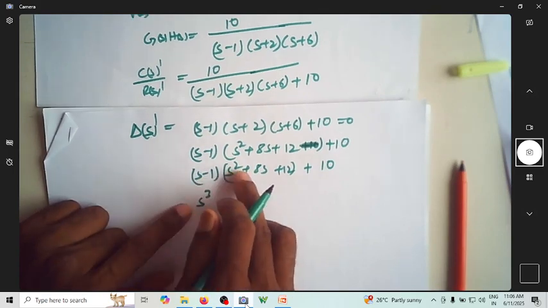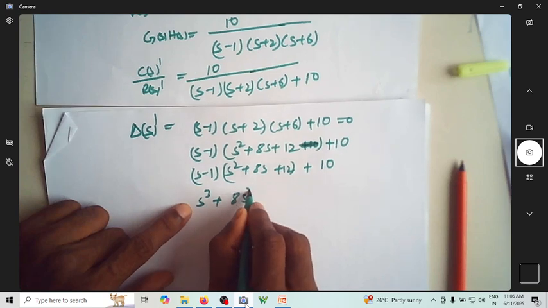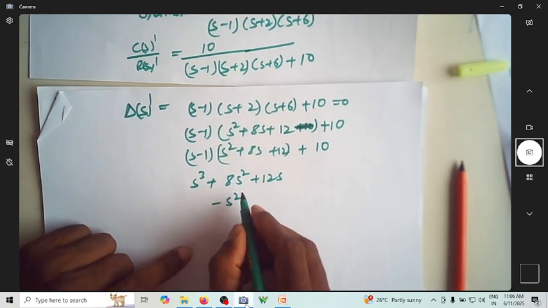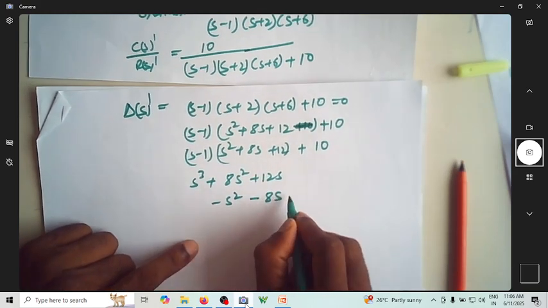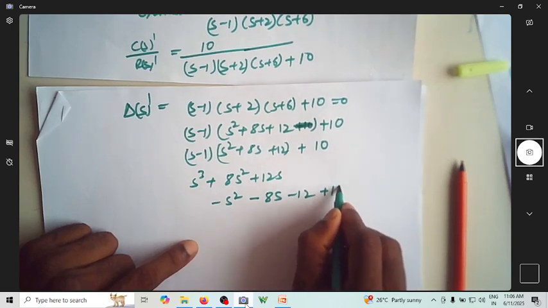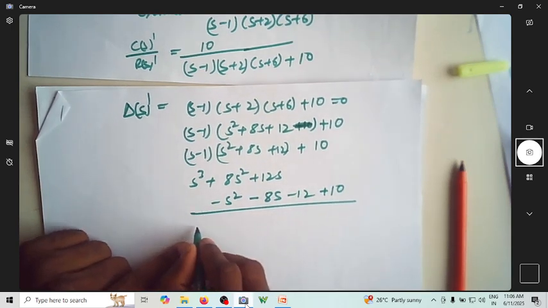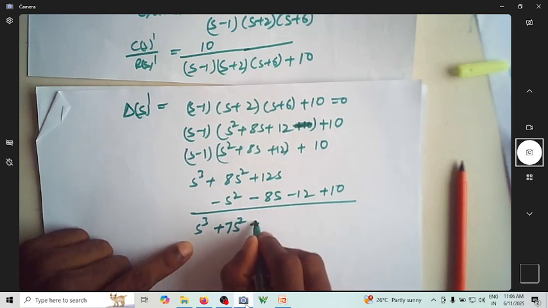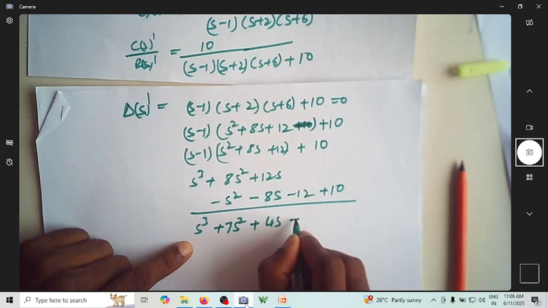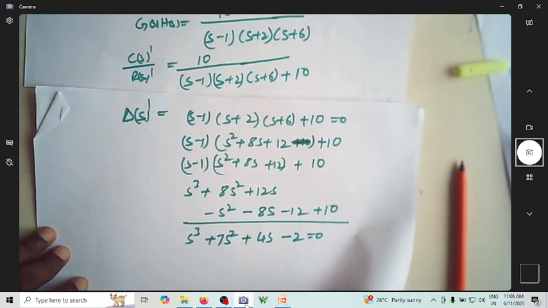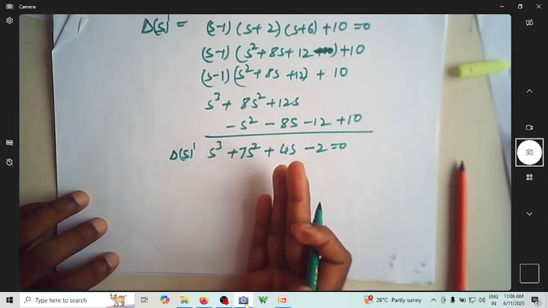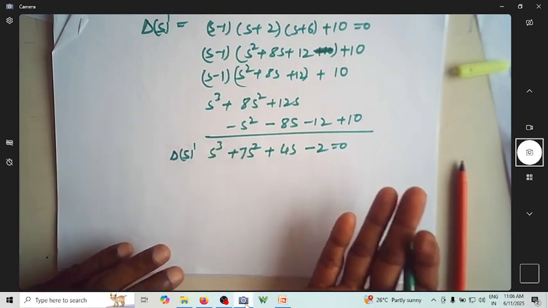It is s cube plus 8s square plus 12s, minus s square minus 8s minus 12, then plus 10. So what is the addition? It is s cube plus 7s square plus 4s minus 2 equal to 0. So now this is a new characteristic equation with your y-axis shifted by 1 towards the left side.